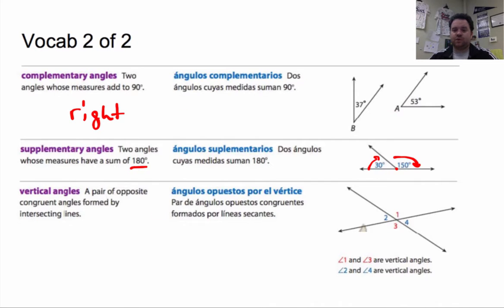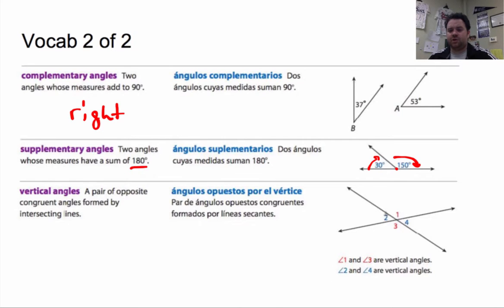Vertical angles. So when we have two lines crossing like this, vertical angles are across from each other on the vertex. Okay? So if you look at these two lines and the angles 1, 2, 3, 4 going around here, they're color coded. Angle 1 and angle 3 are vertical. That means they're congruent. So angle 1 and angle 3 are the same angle.